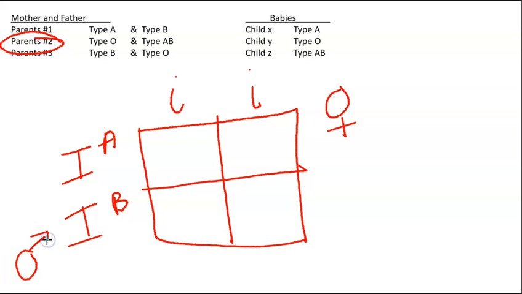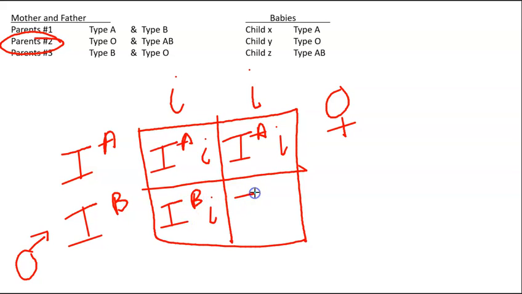So their offspring will produce, in this square, IA little i, and again, IA little i. And in this square, down on the bottom, IB little i, and again, IB little i. So now we have 2 out of the 4 squares being heterozygous for type A blood.